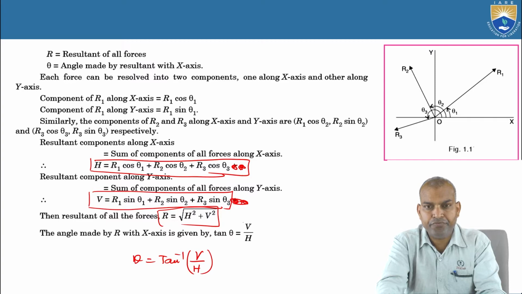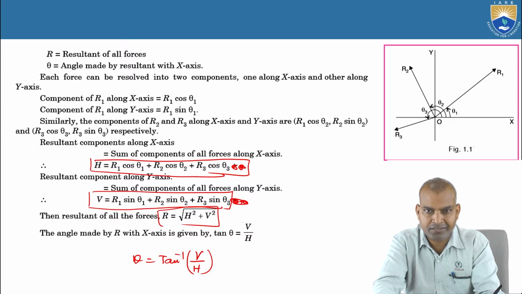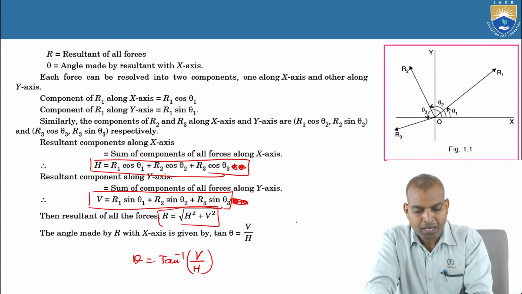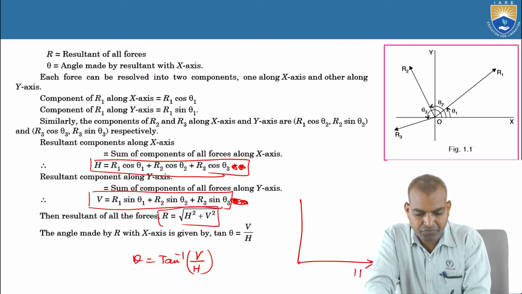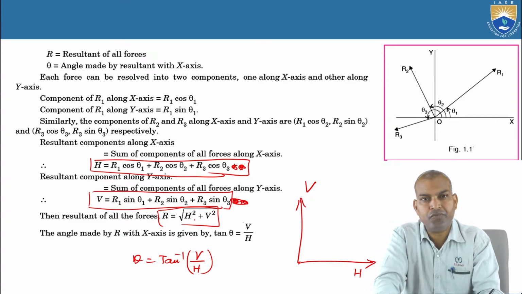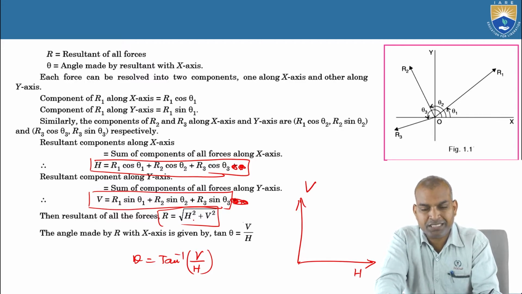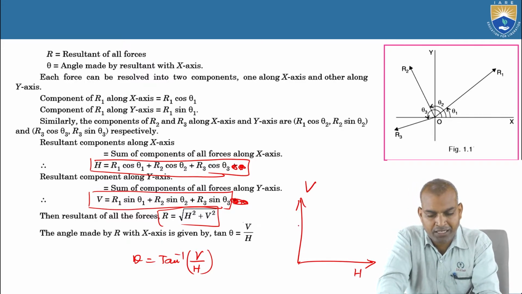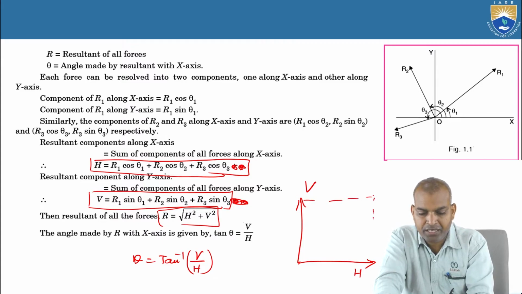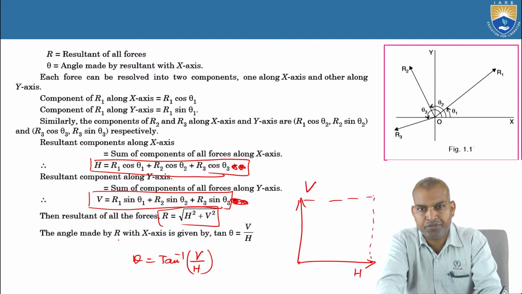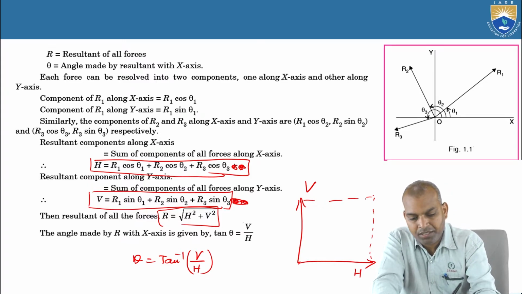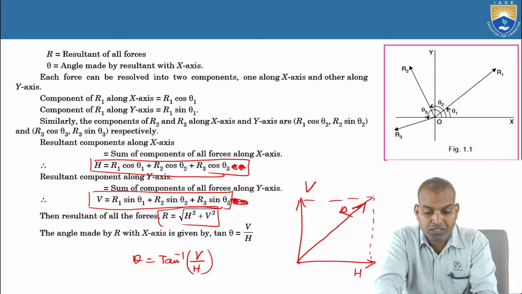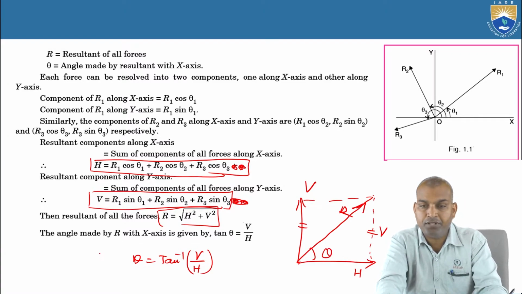Now why is it tan theta here? Why not cos theta or some other trigonometric function? Because, as you understand, H and V are positive values, and we want the resultant. According to the parallelogram law of forces, H and V represent the two sides of a parallelogram, and the diagonal represents the resultant R. This is the direction with the horizontal axis.